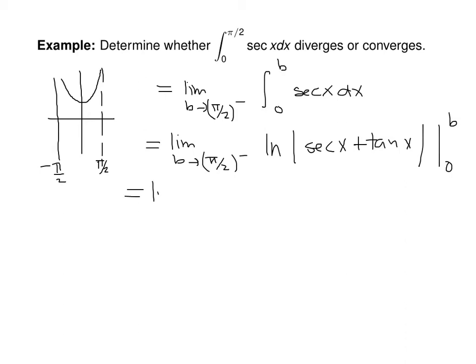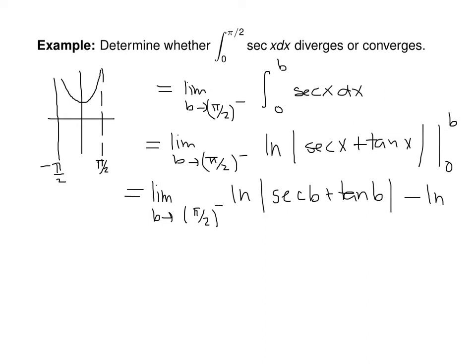So you have the limit as b goes to pi over 2 from the left, ln absolute value secant of b plus tan b, minus ln of, when you plug in 0, secant of 0 is 1, tangent of 0 is 0, so minus ln of 1. And ln of 1 is 0.